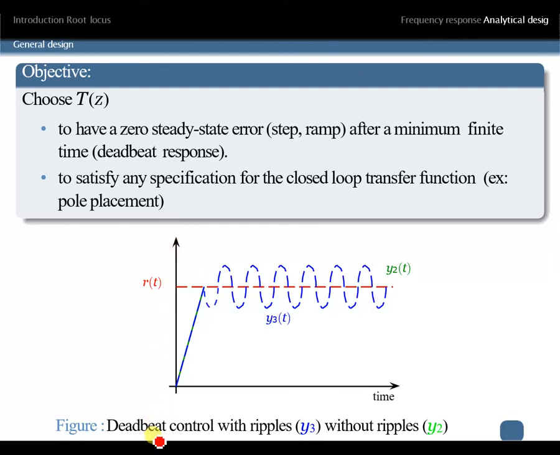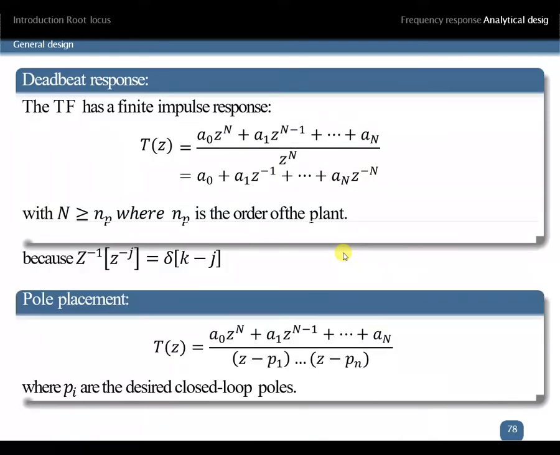Here is the deadbeat controller with the ripple, shown with the blue line W3, and without the ripple is Y2. This is the deadbeat response. We talk about the deadbeat response, then we go to the pole placement.